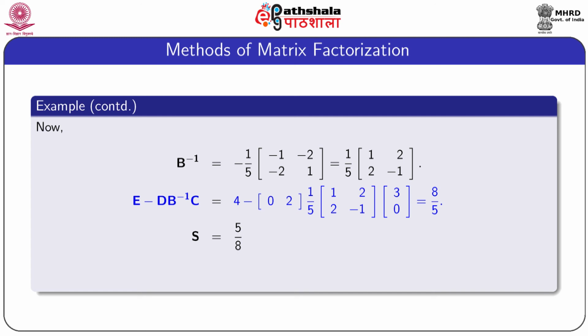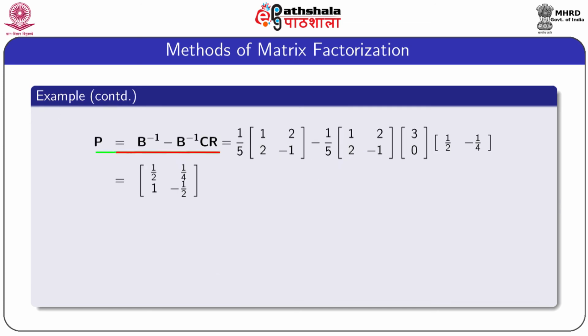The matrix E minus D B inverse C is equal to 8 by 5, a single element, the matrix S equal to 5 by 8, also a single element, and the matrix R is a row matrix whose elements are minus half and 1 by 4.